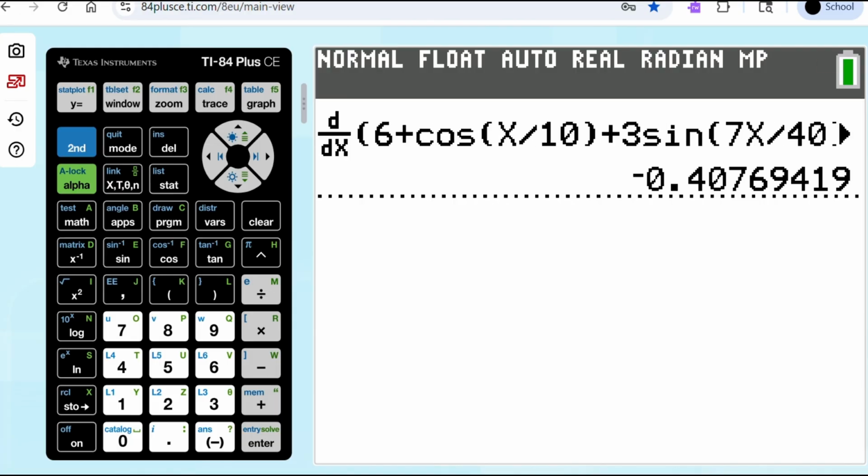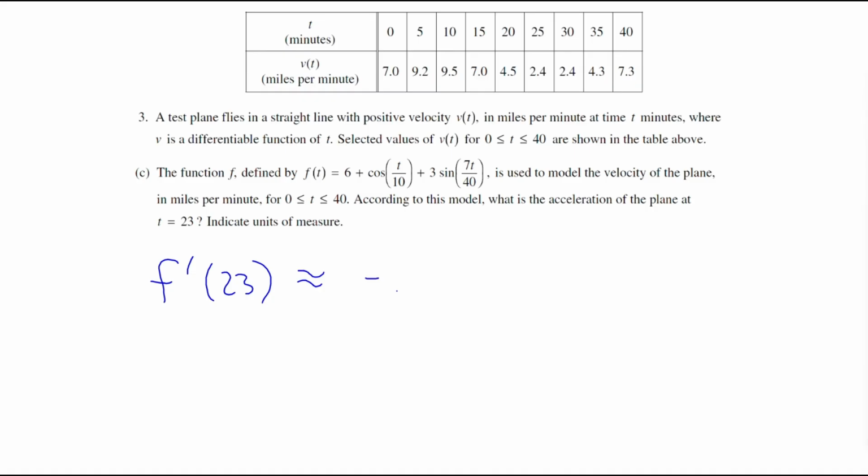And so we get negative 0.408 when we round. Of course, this is in miles per minute squared, because we've taken the derivative of something that was in miles per minute with respect to time. You get 1 point there for that answer with the correct units.